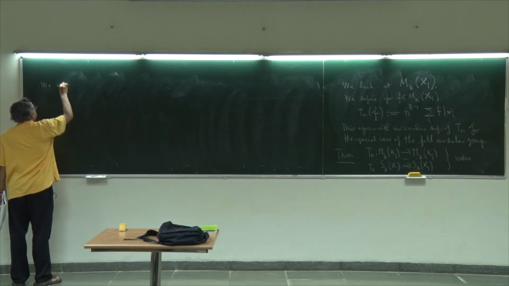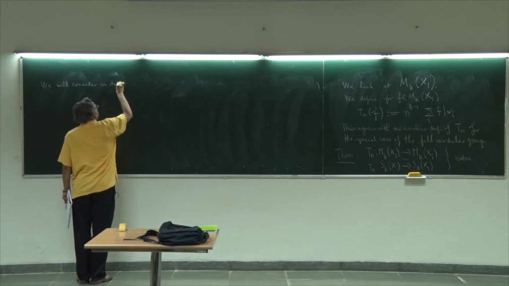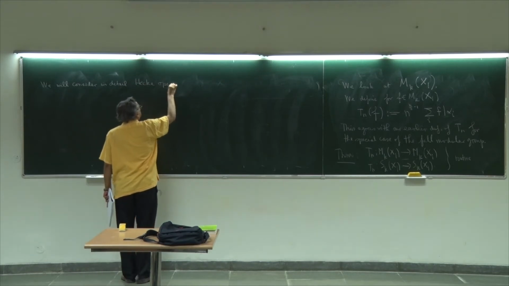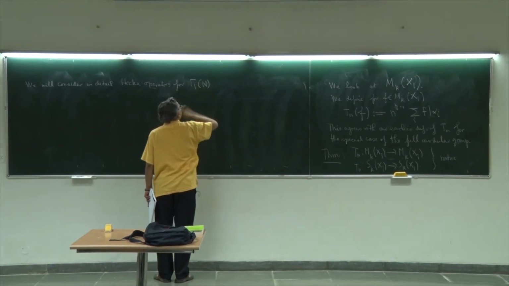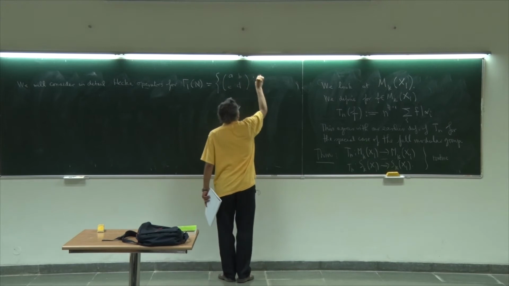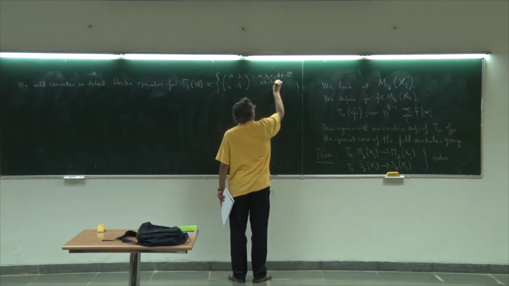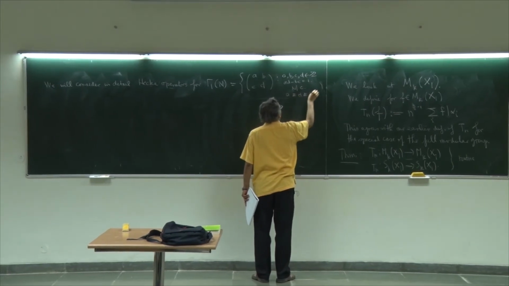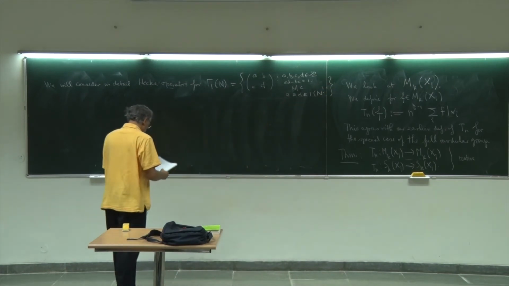We will consider in detail Hecke operators for gamma 1 of n. So that's this group. We'll look at this particular group.